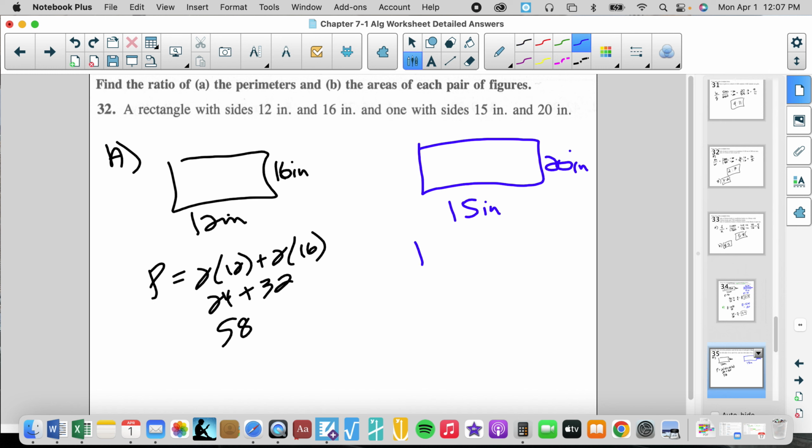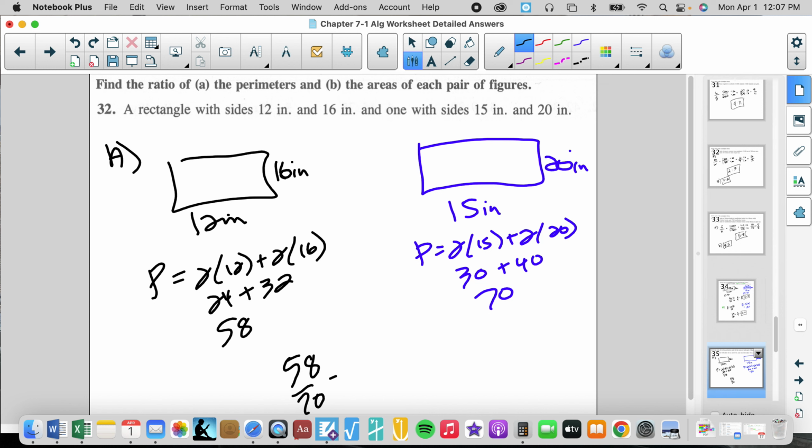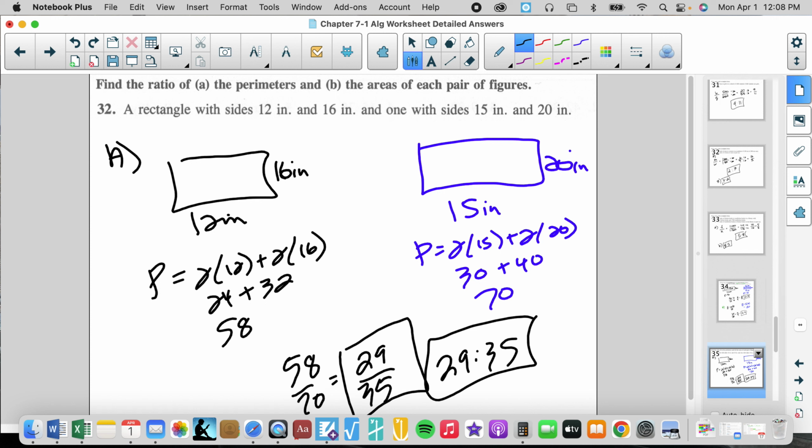And we have a perimeter of 2 times 15 plus 2 times 20, which is 30 plus 40, which is 70. And we get 58 over 70, which is 29 over 35.